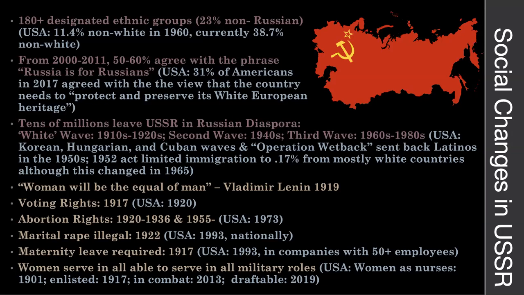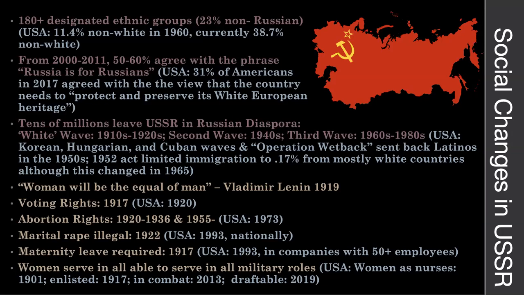When it comes to gender, the Soviet Union was very far ahead of the United States, not so much in race as we saw, but with gender, I mean, women were able to vote 3 years before men were because of communist ideology allowed that. There was abortion allowed for most of Soviet history.